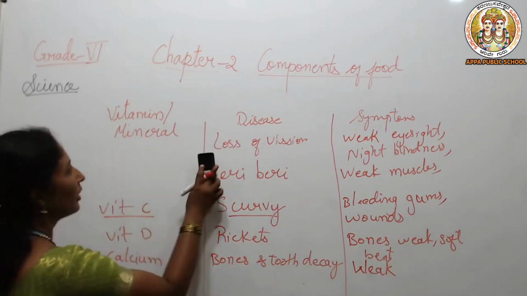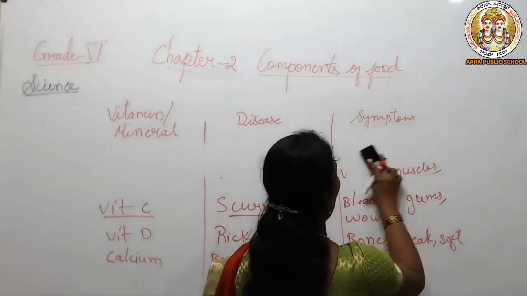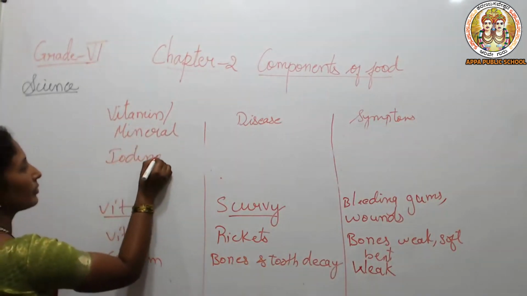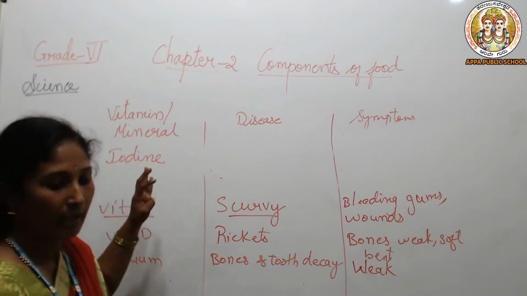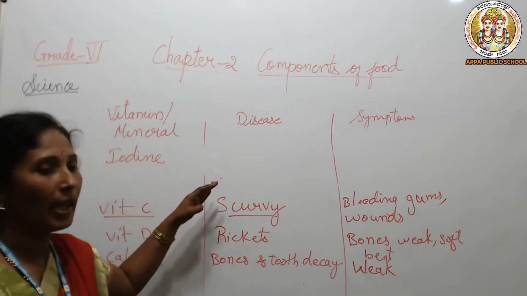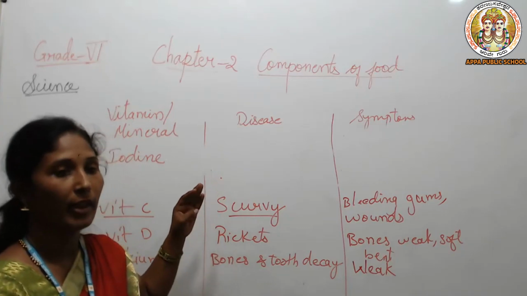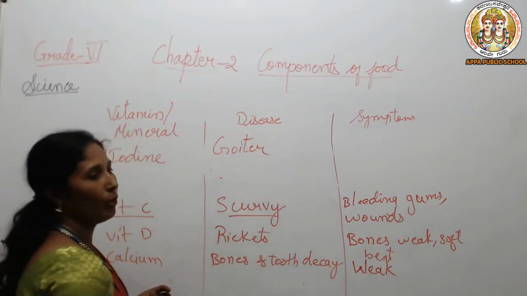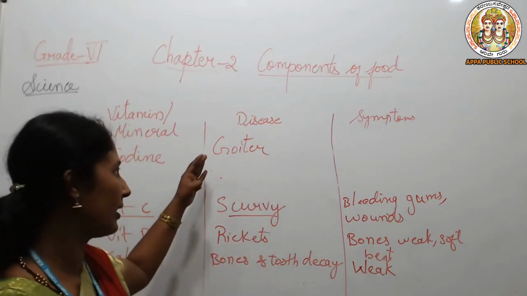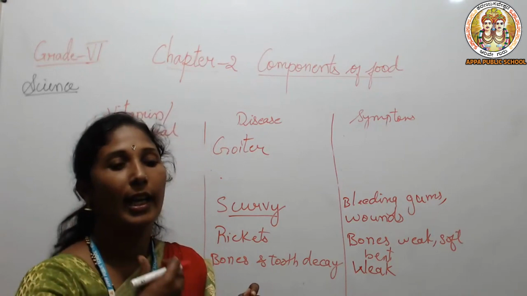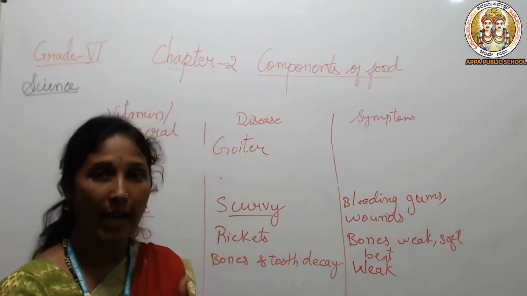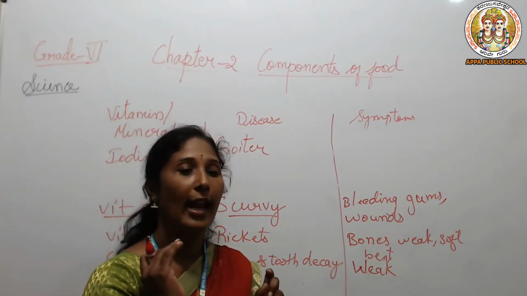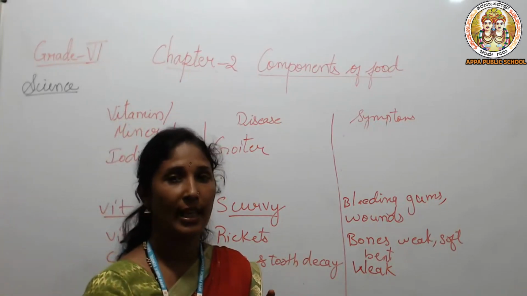Next mineral is iodine. Why do we want iodine? To stay healthy and to avoid the disease called goiter. What happens in goiter? The thyroid gland, which is present near the neck, swells and becomes bigger in size.